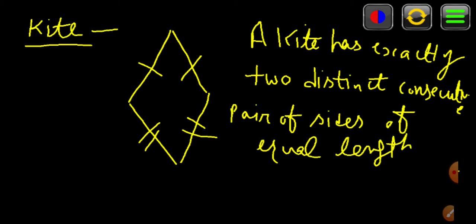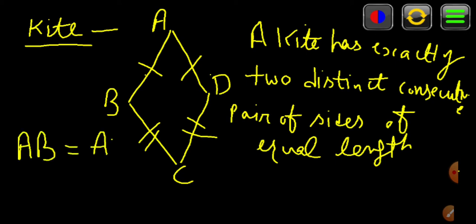That means a four-sided figure, a quadrilateral, and here consecutive pairs of sides means AB. If ABCD is a kite, then AB must be equal to AD and BC must be equal to CD.